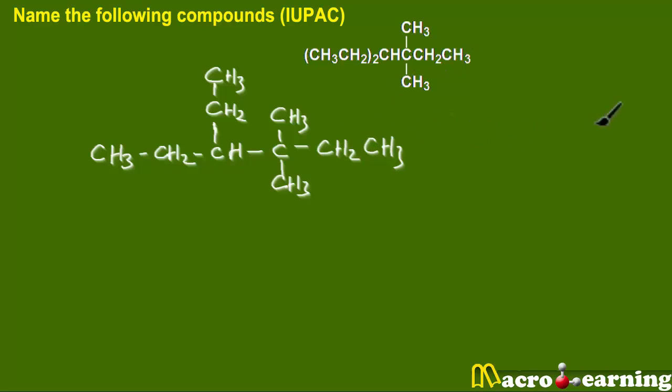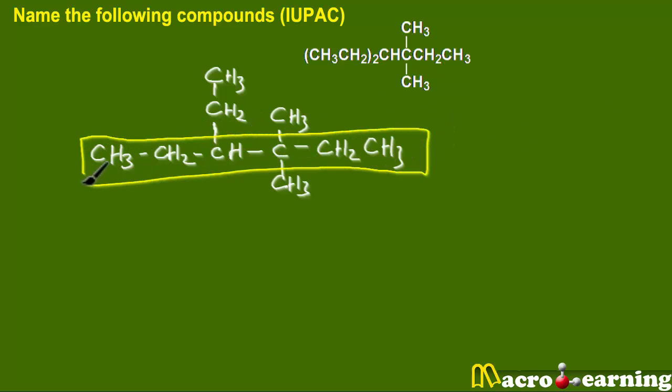Okay, so again, the main chain is really easy. This guy here. But when it comes to the numbering, it's a little interesting because it's not alphabetical this time. We don't yet have to compare the alphabetical order because there's a third substituent there.